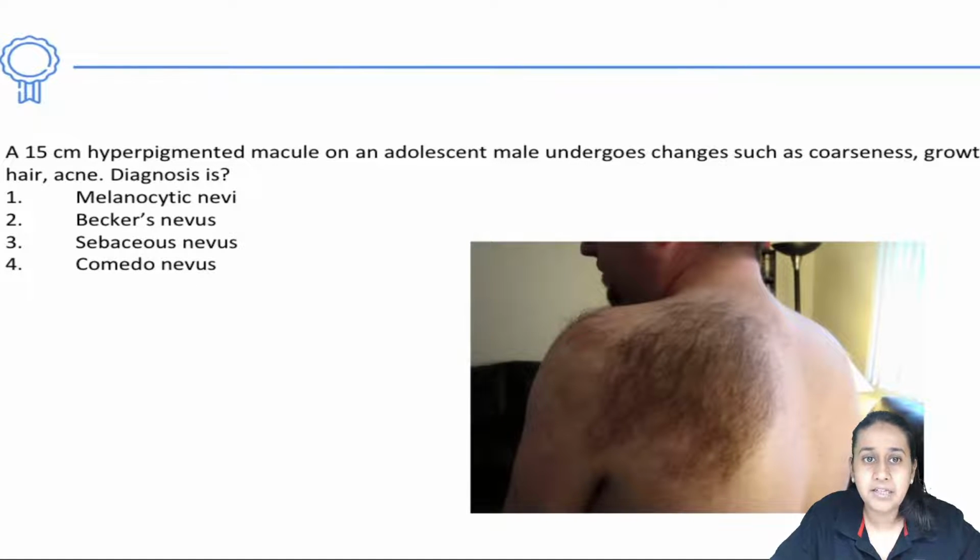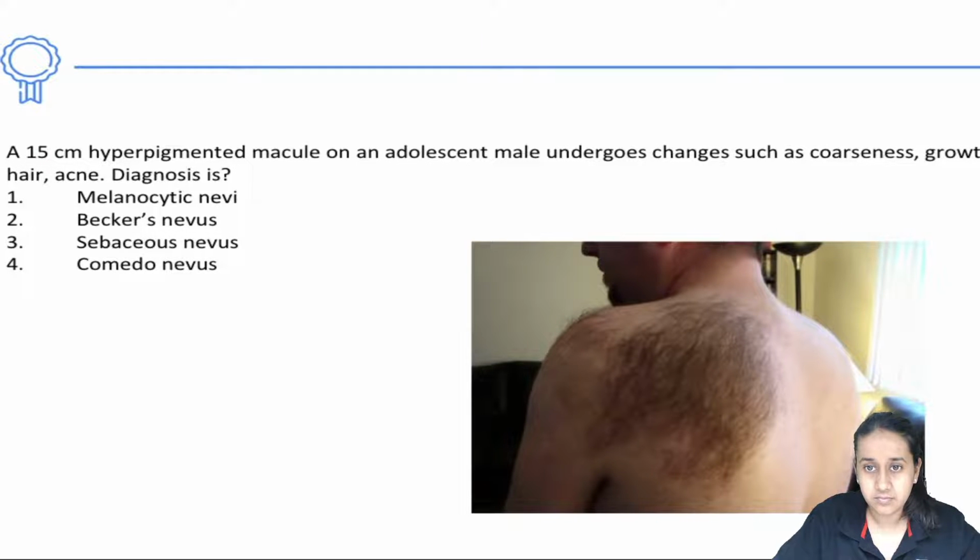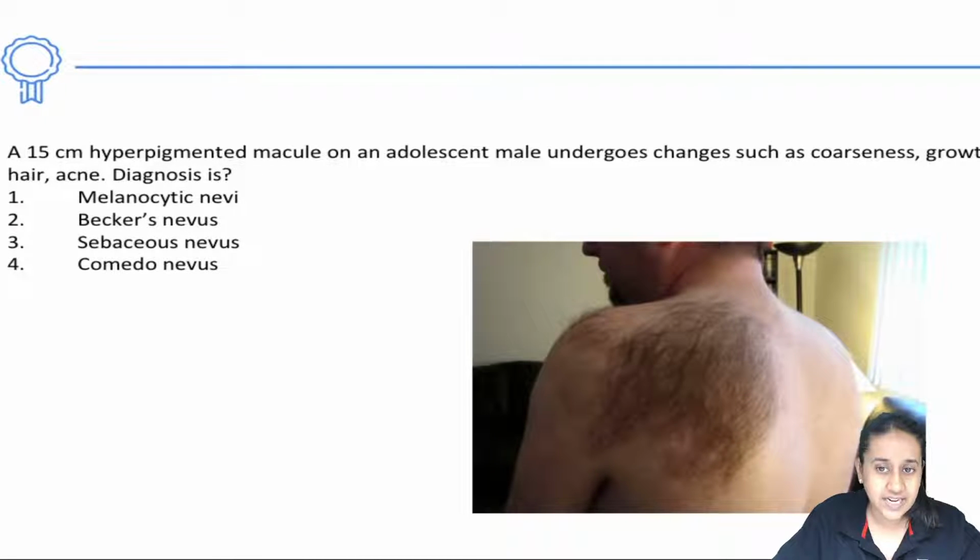A 15 centimeter hyperpigmented macule on an adolescent male undergoes changes such as coarse growth of hair and acne. What is the diagnosis?